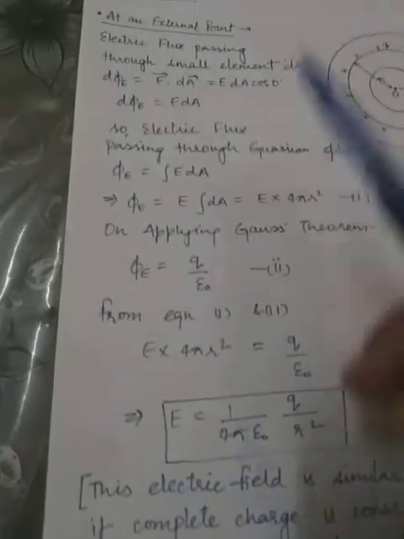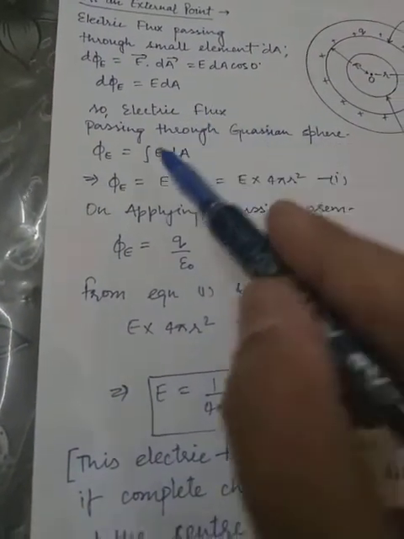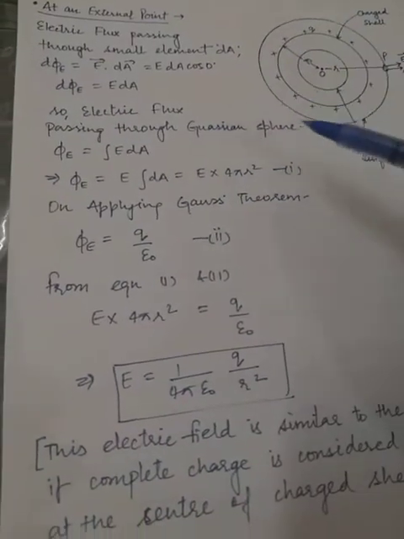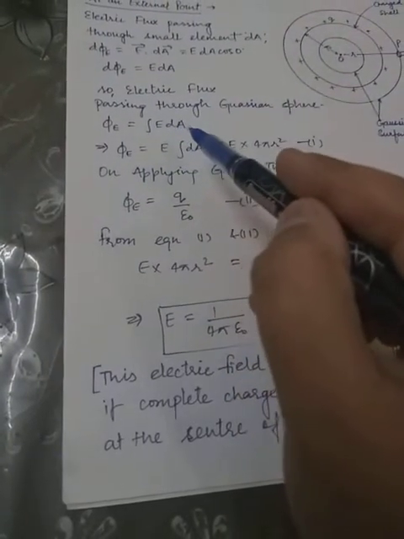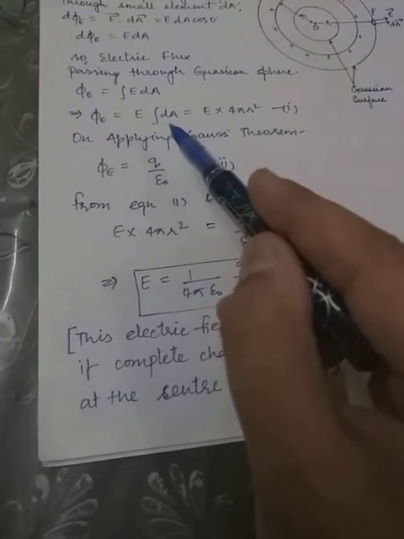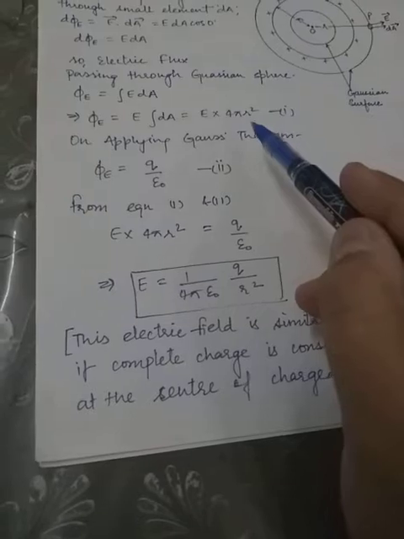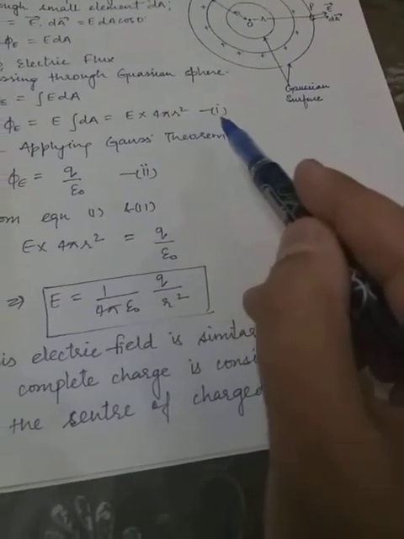Now the next point is electric flux passing through the complete external Gaussian surface. So phi E will be equal to integration E dA. Next line, E is constant, so integration dA will give you 4 pi r square. So it will become E into 4 pi r square, equation number 1.